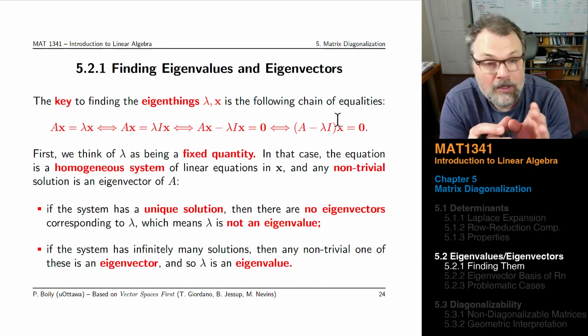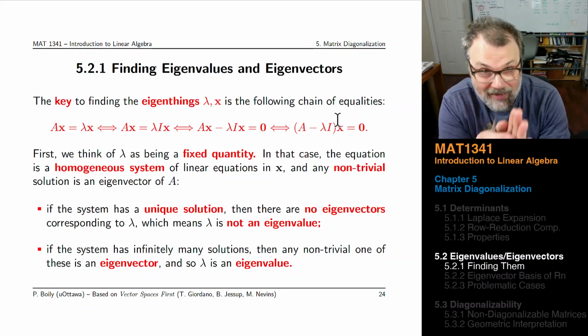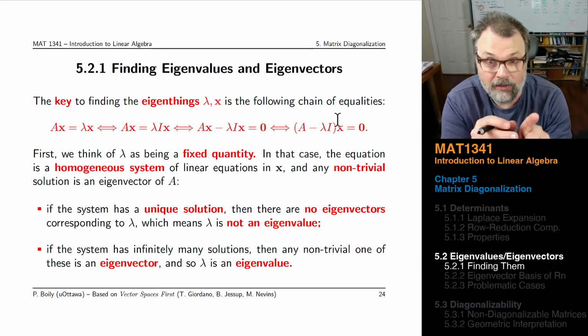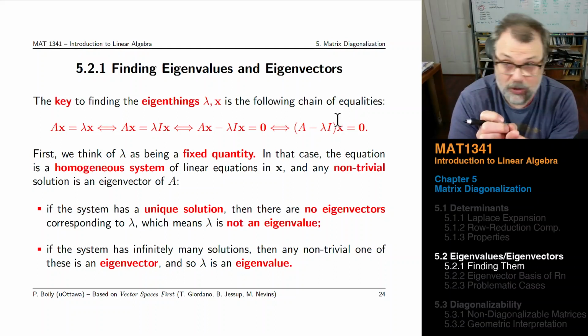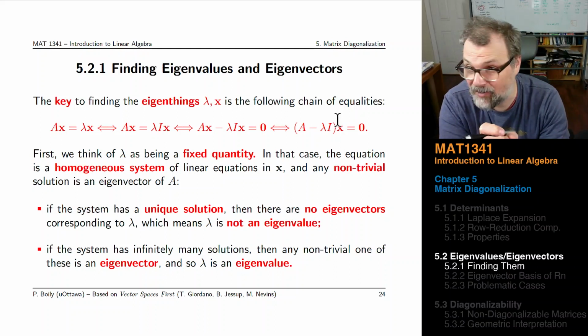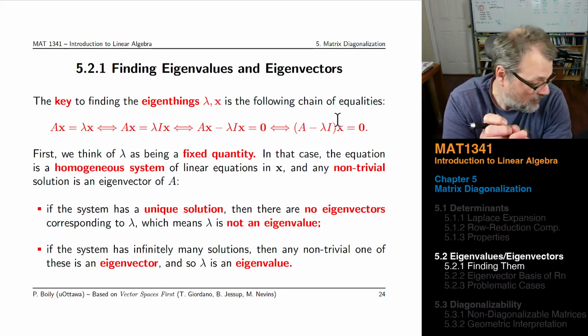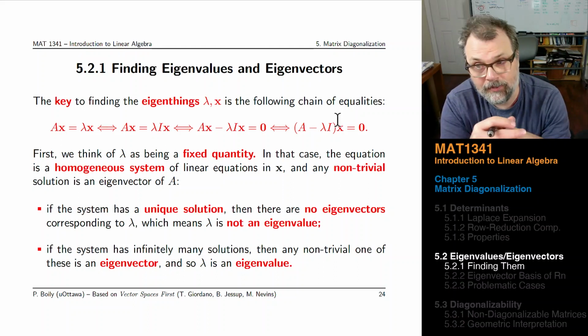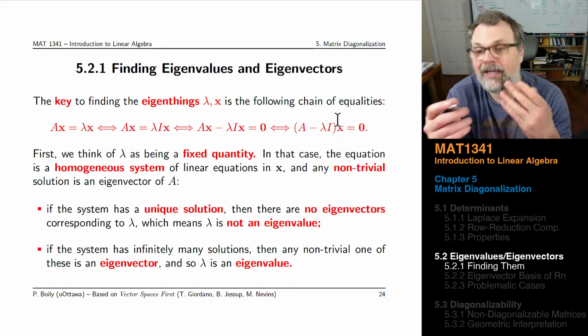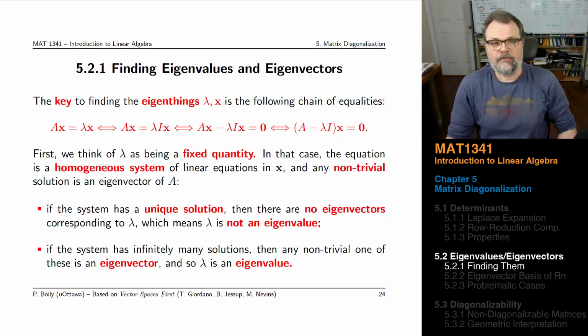Some of the values of lambda will give you a system that has infinitely many solutions. The vast majority of possible lambda values, that almost complete set of real values, will give you a system that has only one solution, the trivial solution, and hence it cannot be an eigenvector.